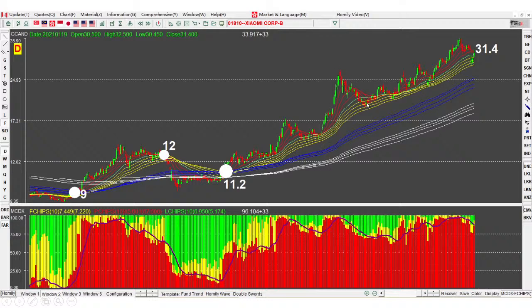Pull back to the yellow line, got support, continue again. So you see, yellow line, yellow line, yellow line, yellow line, support effective. So continue rising. But currently, this gap and also the red line will be the short-term resistance. If the price can stand above the red line, it will continue again. Okay, so this is the pattern.